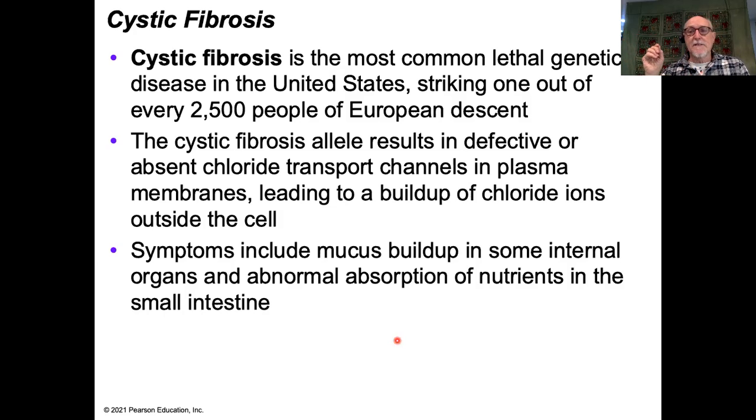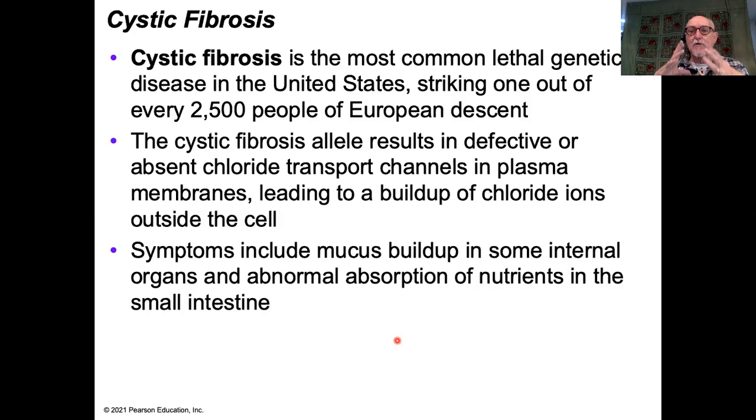And this, you'll remember, we talked about before. This is a pleiotropic gene because it has effects on many aspects of the phenotype. It has effects on many aspects of human physiology. It results in a defective transport of the chloride ion.